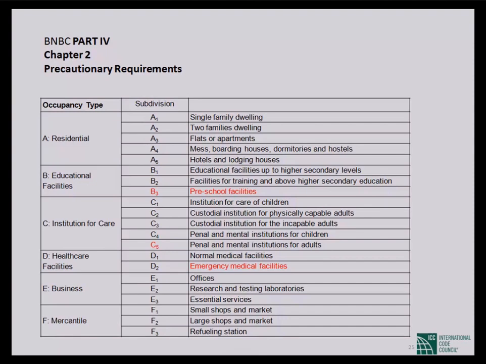The residential, we call it A classification, occupancy A, and the educational is B, the institution is C, health care is D, and business E, mercantile F, and there is some other sub classification you can see.